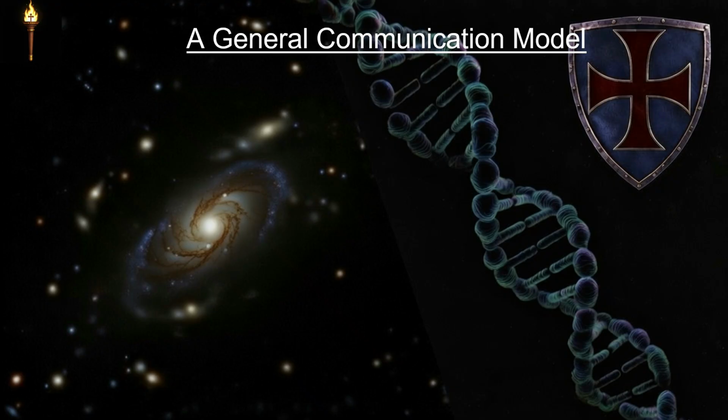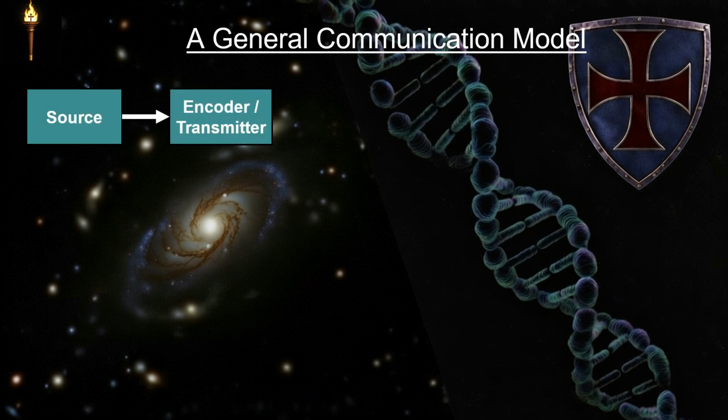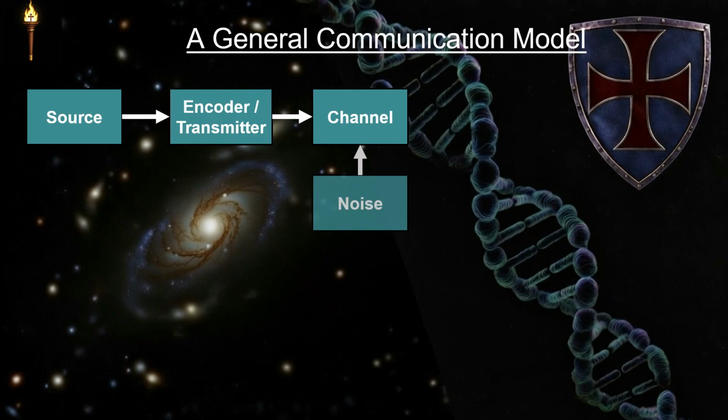To kick this off, we're going to have to discuss what a general communication model is. I will make this as easy as possible for you, so please come along this journey. We have a data source, an information source that sends the information to an encoder and a transmitter. The transmitter sends it out over a channel.